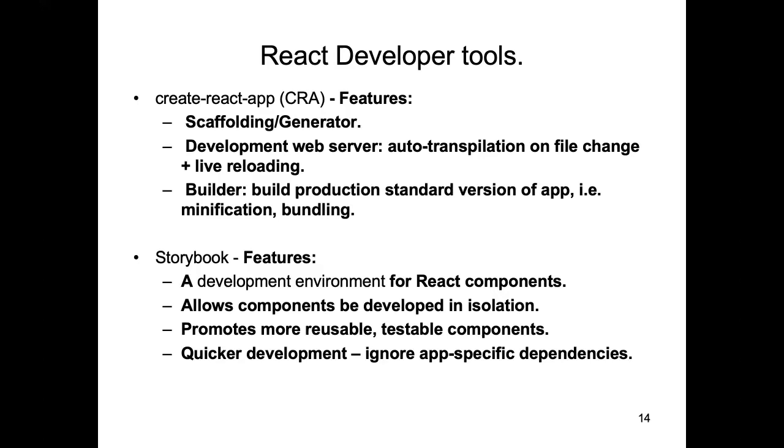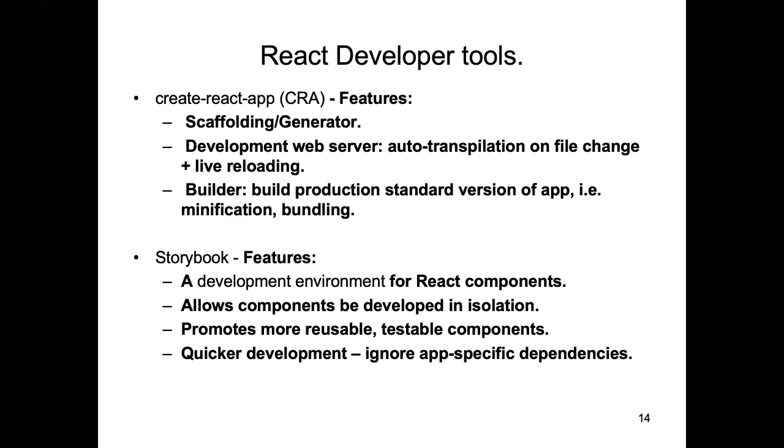So Storybook, we're saying there, is a development environment for individual React components. And arguably, it enables you to develop more reusable components because your focus is completely on the component rather than an app as such, which is a kind of a bigger beast.